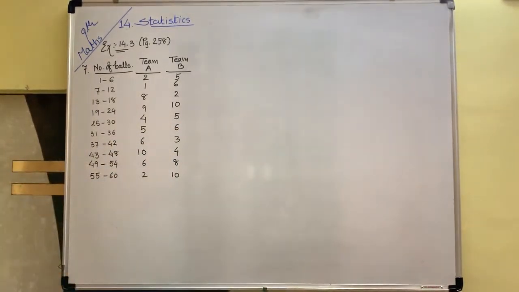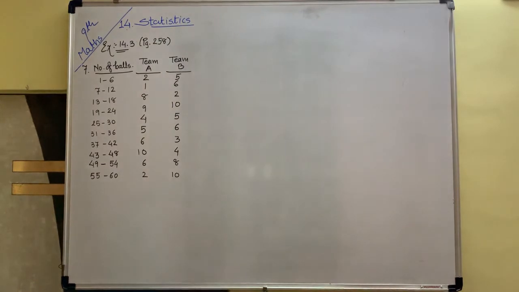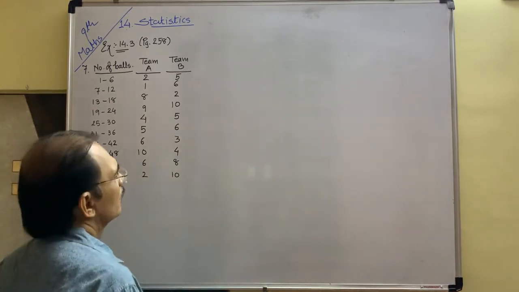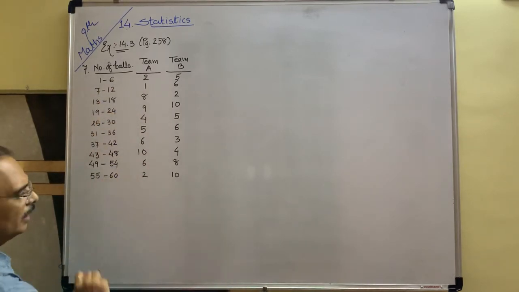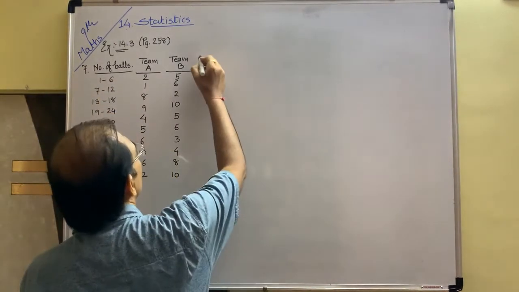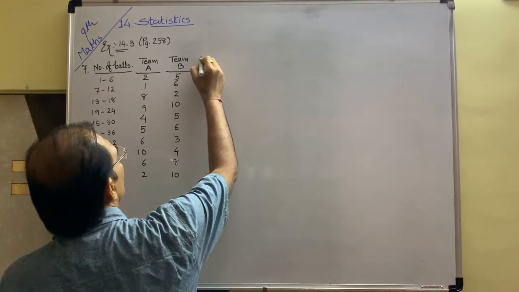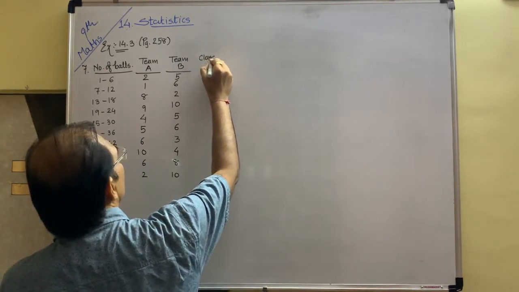See, to draw the frequency polygon, once again you have to convert this question into a continuous frequency distribution. Here, in the continuous frequency distribution, I told you that you need to subtract 0.5 from the lower limit and add 0.5 to the upper limit. So once again I write the class intervals.